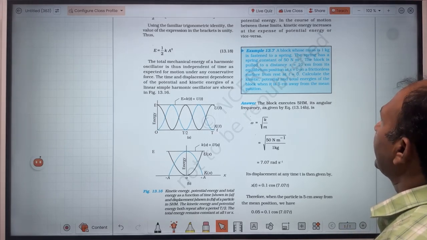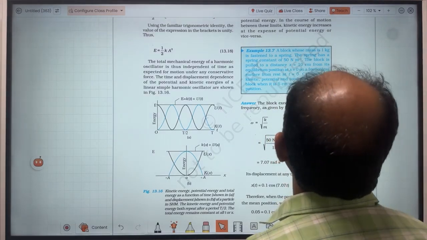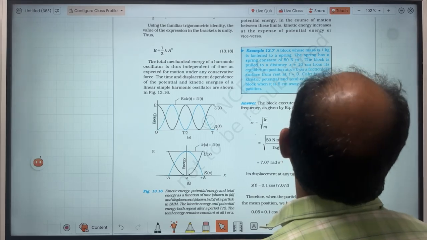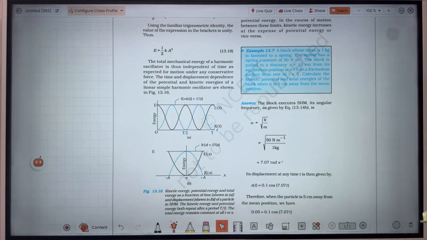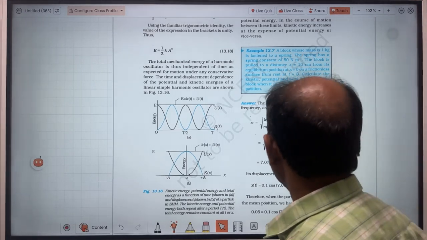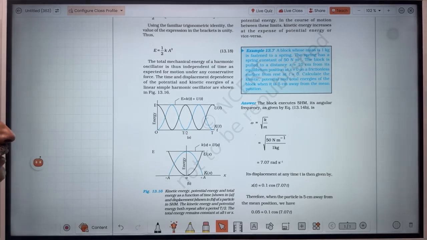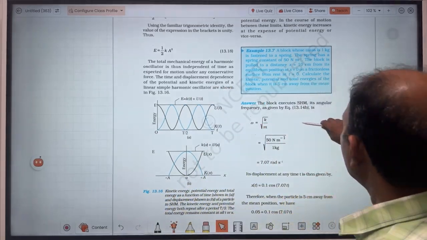The block is pulled to a distance of x equal to 10 centimeter from its equilibrium position at x equal to 0 on a frictionless surface from rest at t equal to 0. Calculate the kinetic, potential and total energies of the block when it is 5 centimeter away from the mean position. So first of all, you have to find out its velocity, and then we can calculate.